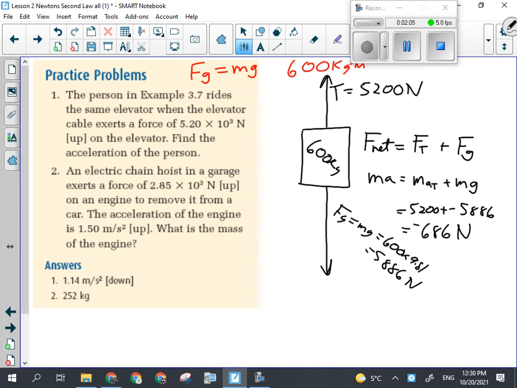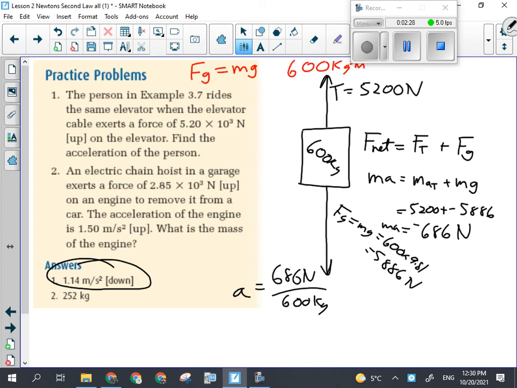All right, now I've got my net force, okay? So that equals m times a. All I have to do is divide that by m. So my acceleration will be 686 newtons divided by 600 kilograms, and that should give me my 1.14 meters per second squared downwards. Okay? Everybody all right with that?